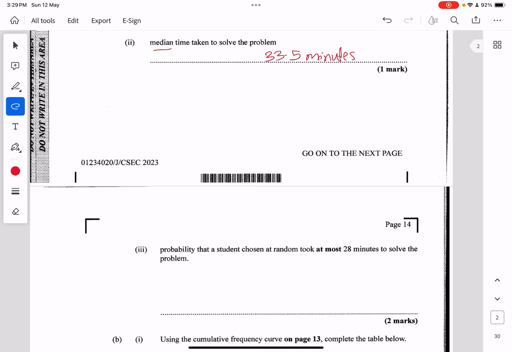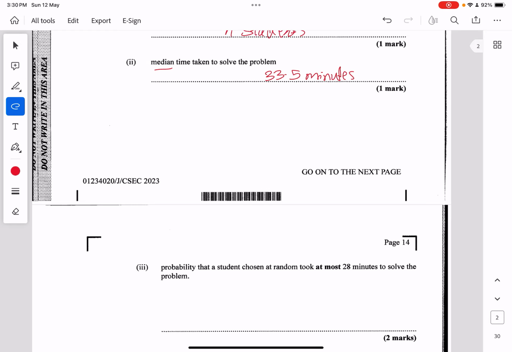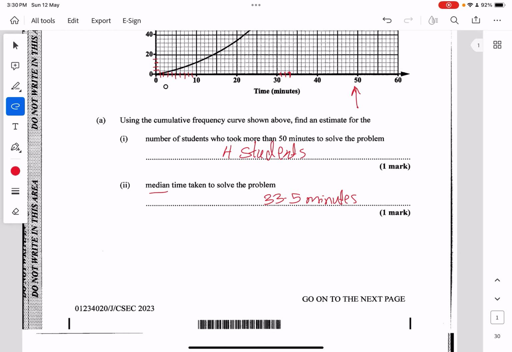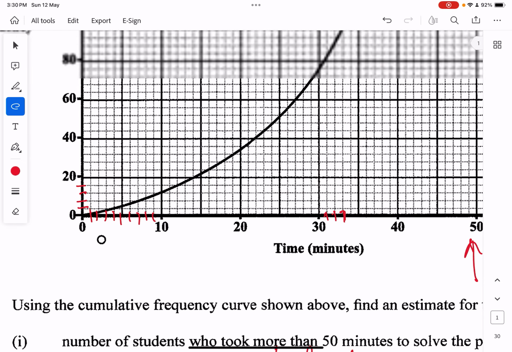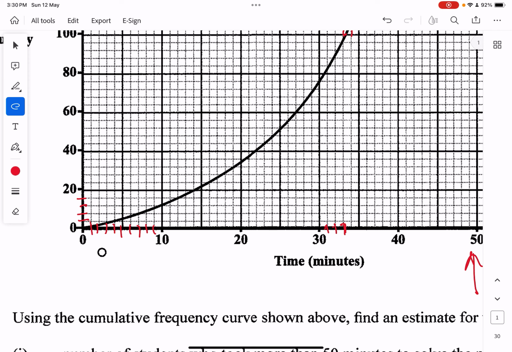Moving on, we had to find the probability that a student chosen at random took at most 28 minutes to solve the problem. So at most means no more than, right? So it means less than or equal to. So we find 28 minutes on our x-axis, which is going to fall here.